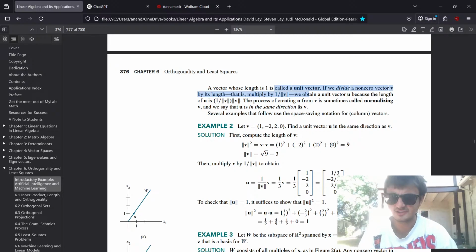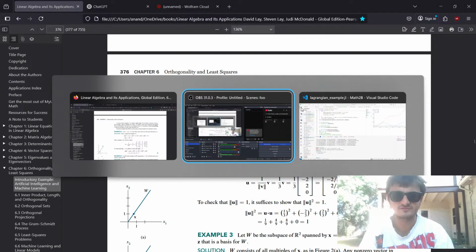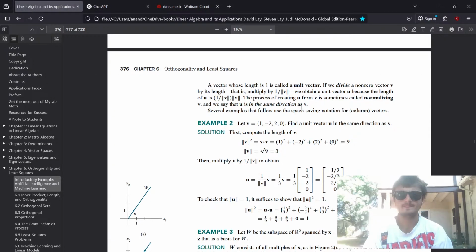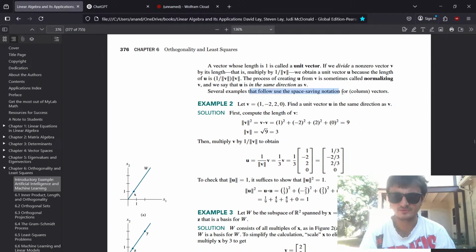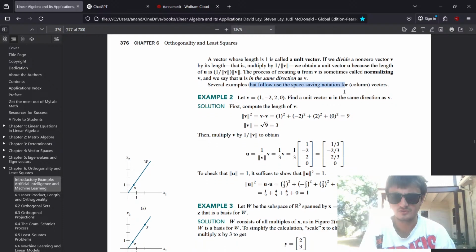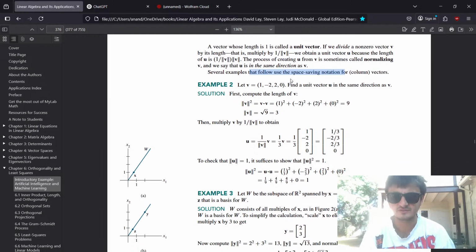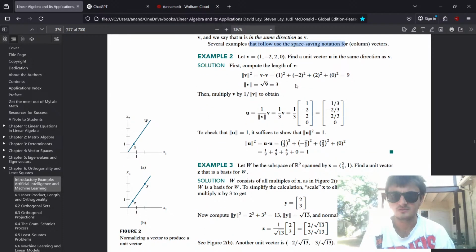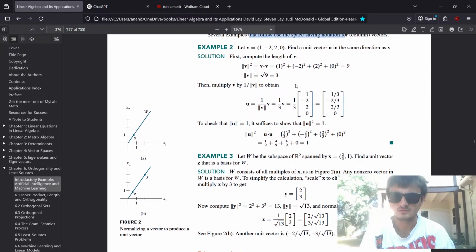The process for creating u from v is called normalizing, and we say that u is in the same direction as v. Several examples that follow use the space-saving notation for column vectors. Okay. Find a unit vector. Okay, so that's fine.